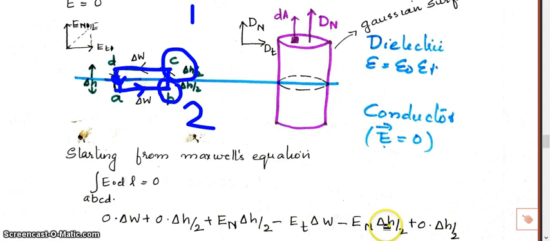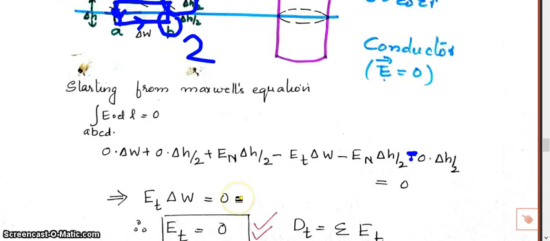Then minus En into del h by 2, that is the portion of AD which is lying in the first medium. Then minus 0 into del h by 2, that is the portion of AD which is lying in the second medium.